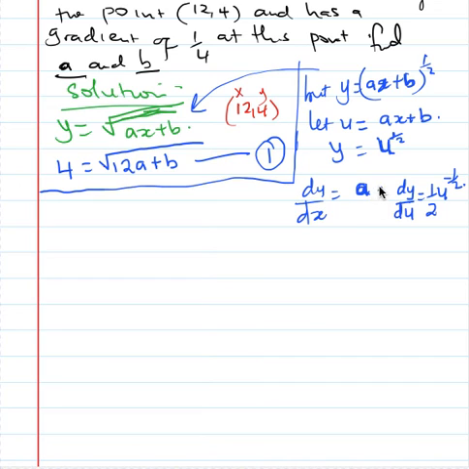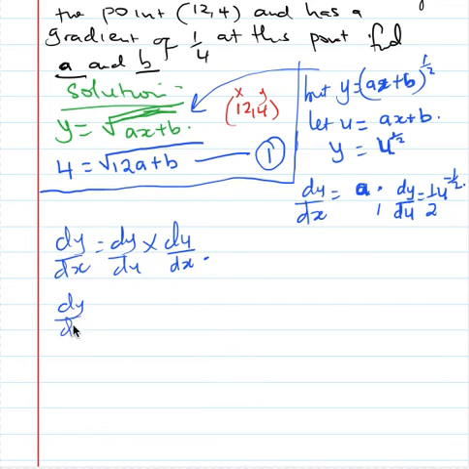We have these two equations here. So we know that dy/dx by the chain rule will be dy/du times du/dx. This is the chain rule.